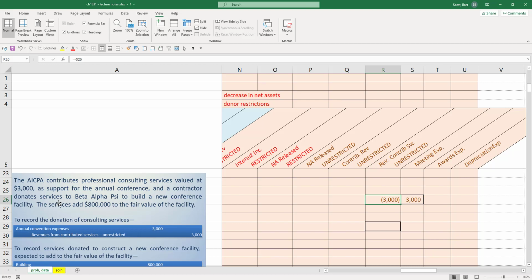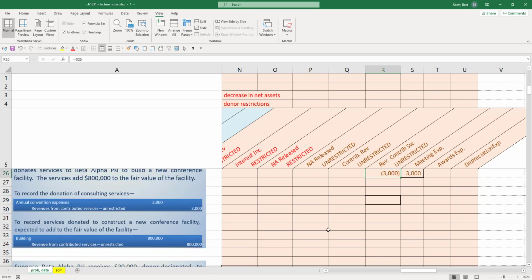A contractor donates services to Beta Alpha Psi to build a new conference facility. If you don't have any other information, you have to assume that the services added $800,000, i.e., from a fair value perspective, are valued at that amount from an overall accounting perspective.